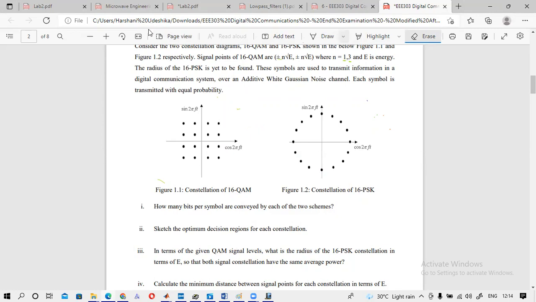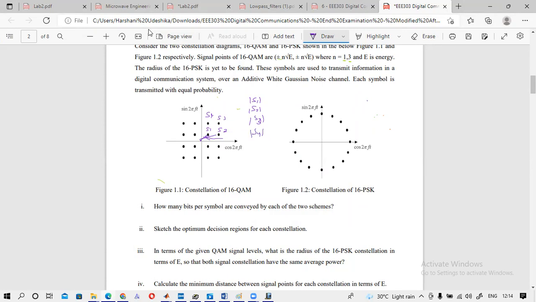I just put some values to name these symbols. So this length I get as S1 magnitude, this length S2 magnitude, this length S3 magnitude, and this length S4 magnitude.